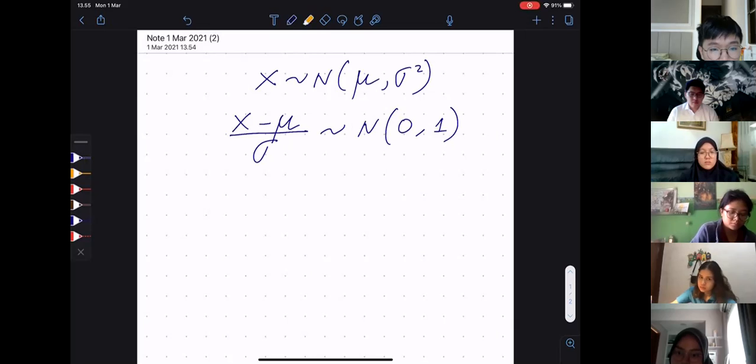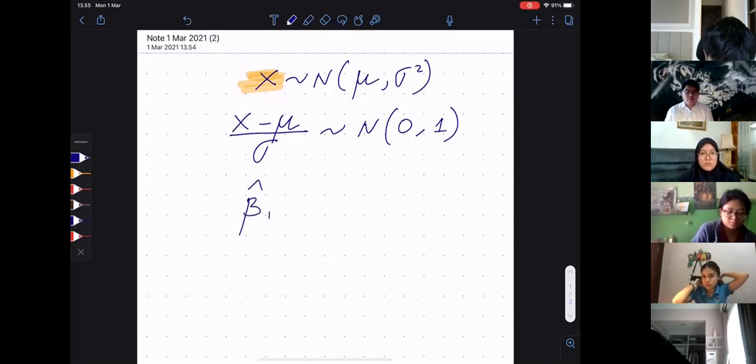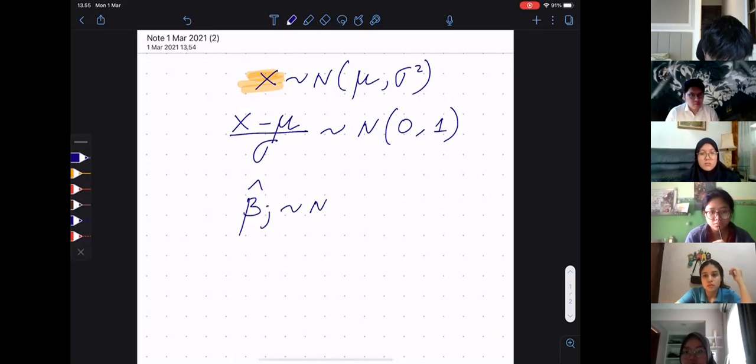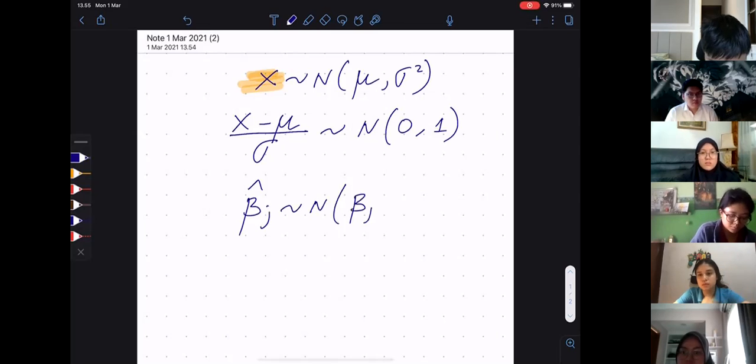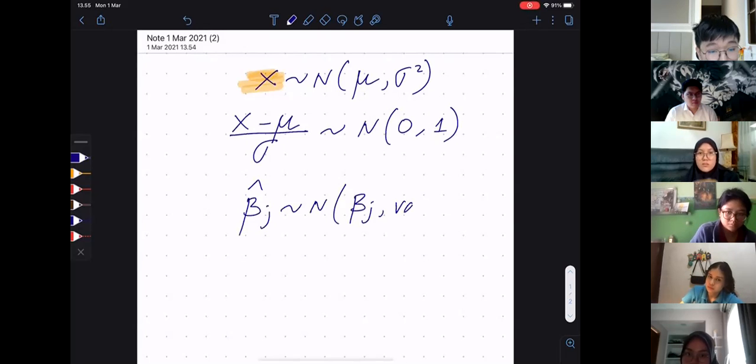So the idea is that the random sample is distributed normally around the mean and the variance. Now, similarly, our estimate beta hat j is normally distributed around the true mean beta j and the variance of beta hat j.